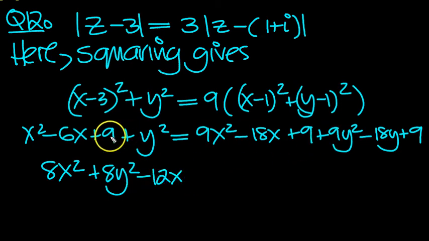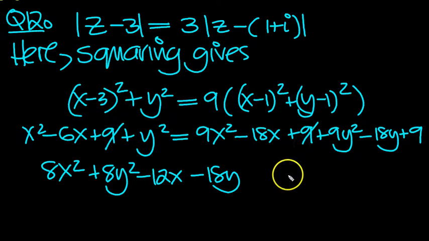And then with y's, there's none here, there's minus 18y there, so it's still there. Then the constants, we've got a 9 here and a 9 there, so they can cancel. But we've also got a 9 left here, so we can write equals, and then move that over to the left, so I'll put it there as a minus 9.